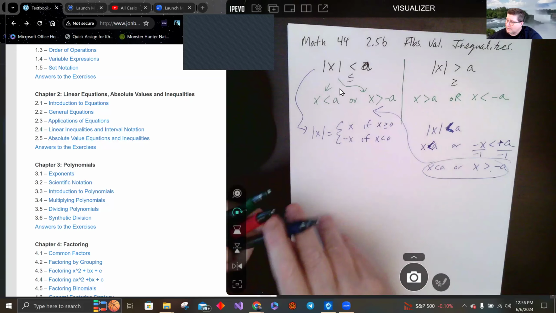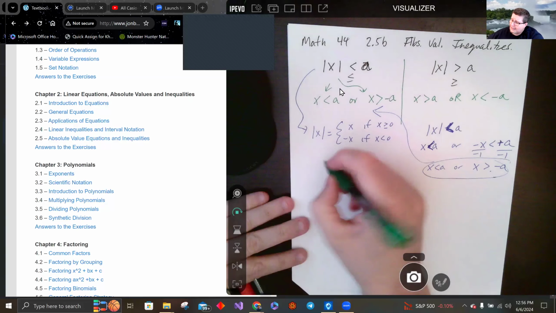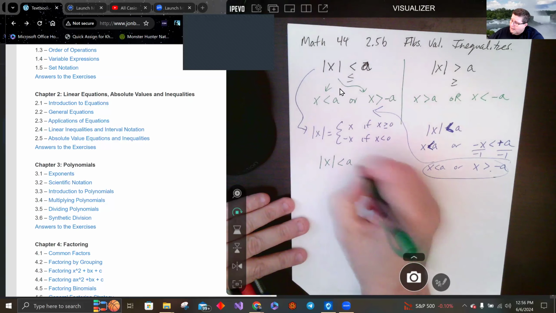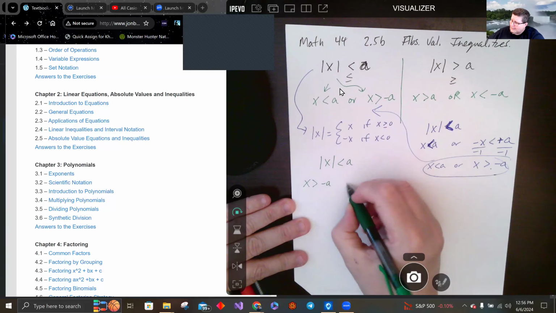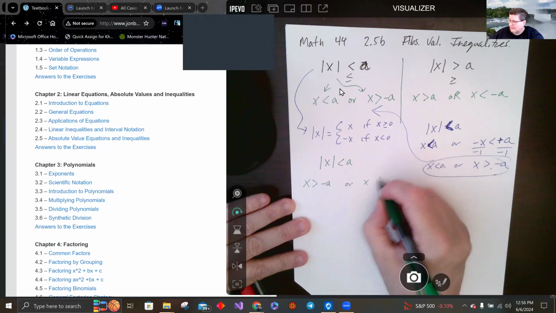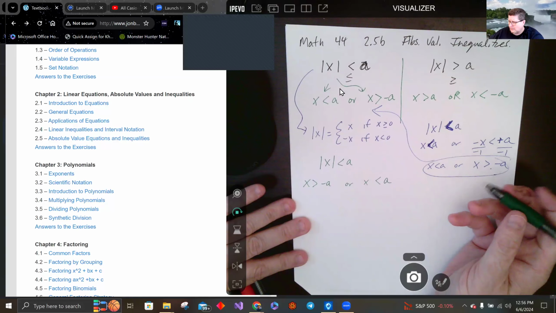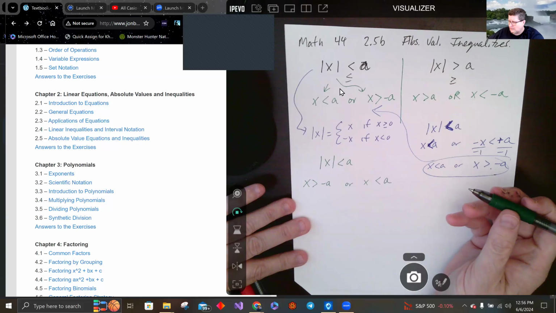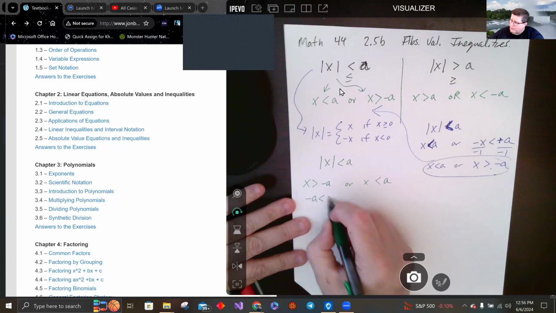You'll notice on this one, absolute value of x less than a, I have x is greater than negative a, or x is less than a. I could change the order of these.